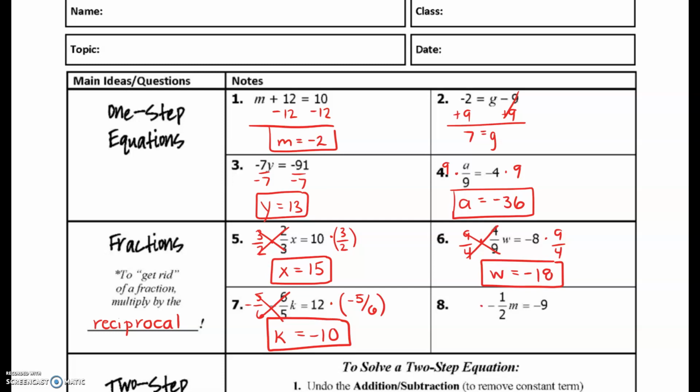For number 8, again, I will multiply by the reciprocal, which in this case is a negative 2 over 1. That will eliminate the negative 1/2, and negative 9 times negative 2 is a positive 18.